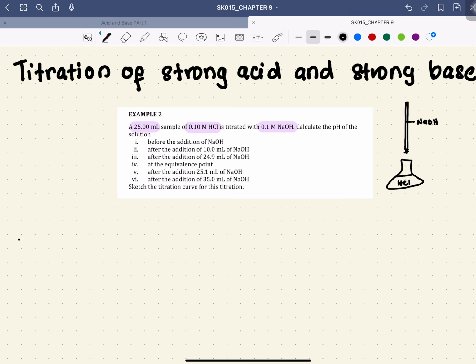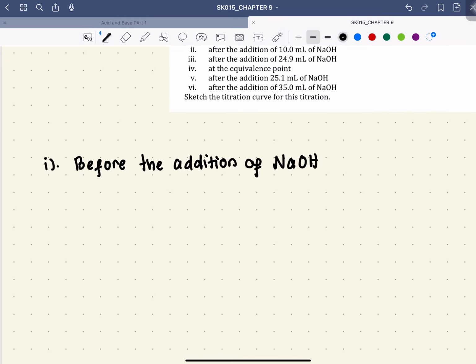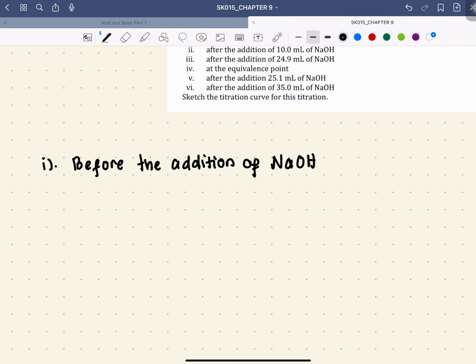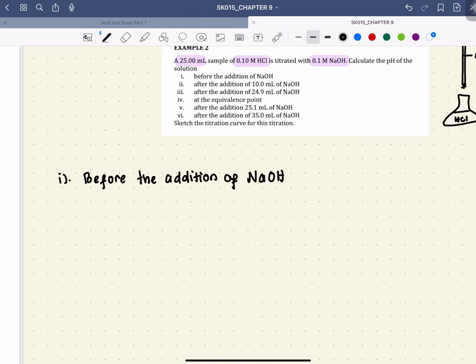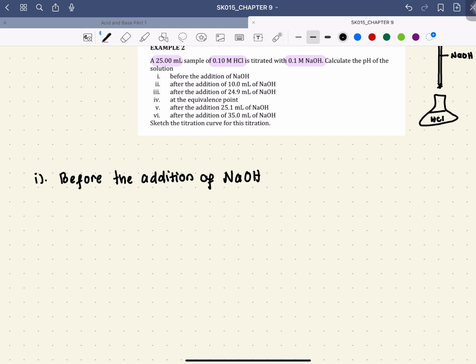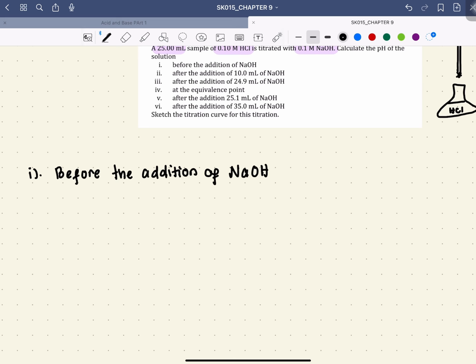Now, number one, before the addition of sodium hydroxide, which means before you add the sodium hydroxide, what will be the pH of the hydrochloric acid? Now we know that hydrochloric acid is a strong acid. Therefore, it will dissociate 100%.